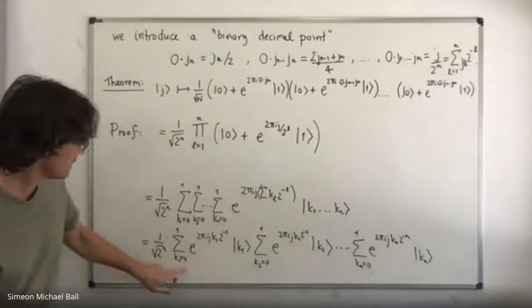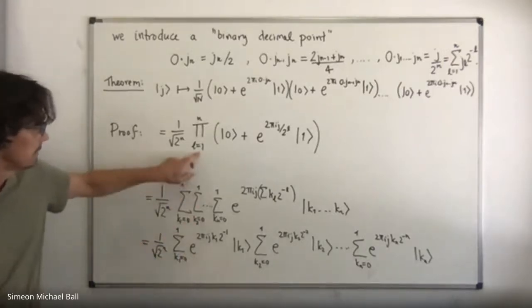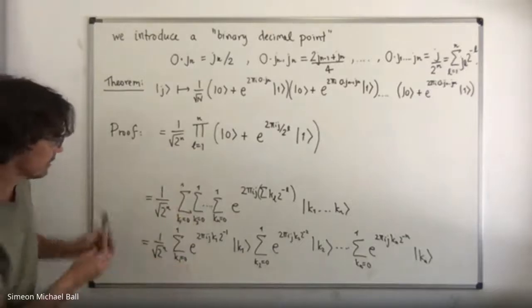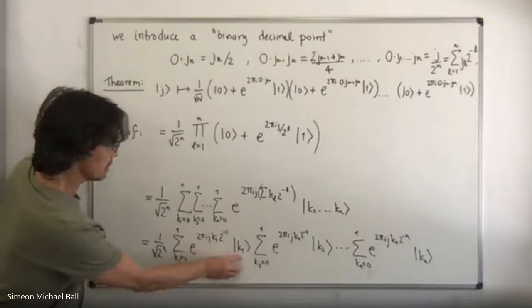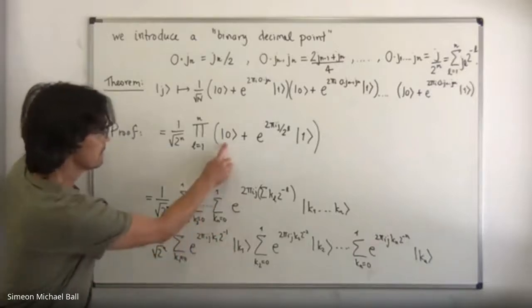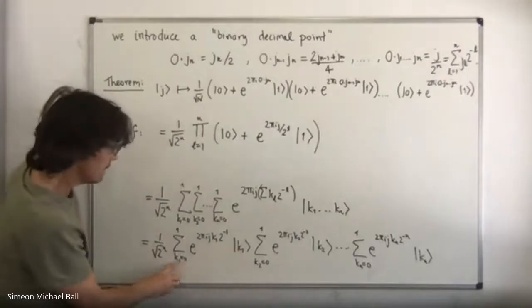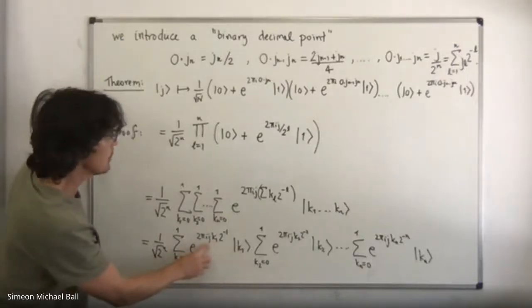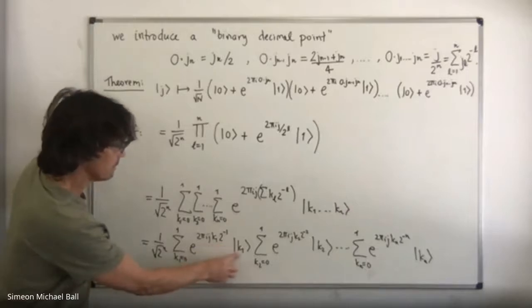Okay, so this is my term corresponding to L is 1 here. Let's just go through that again here. So let's see, when k is 0, this is just 0, this is 1 times k 0. And when k1 is 1, this is 2 pi ij divided by 2 times k1.